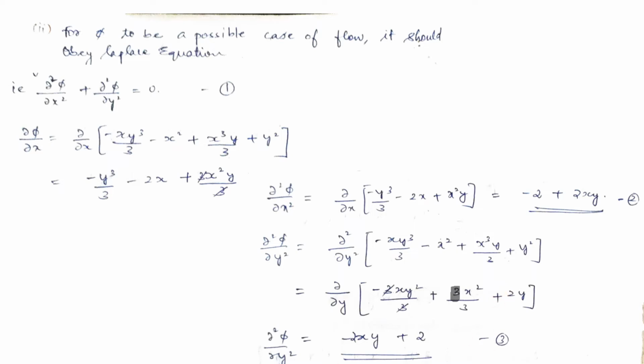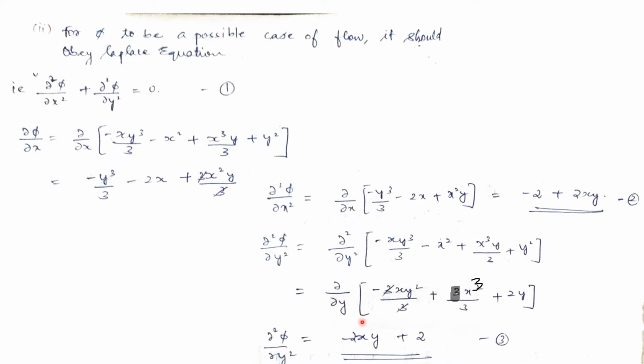It would be actually x cube, it's a small mistake over here, a small x cube over here. X cube by 3. I hope it is clear to everyone. The differential of this would be x cube by 3, because we are differentiating it with y.